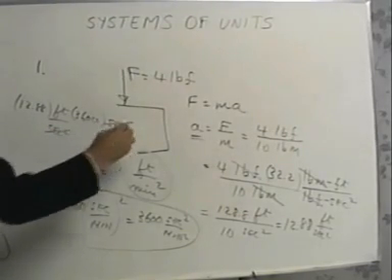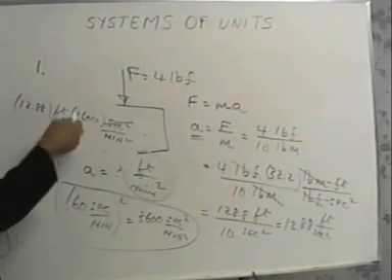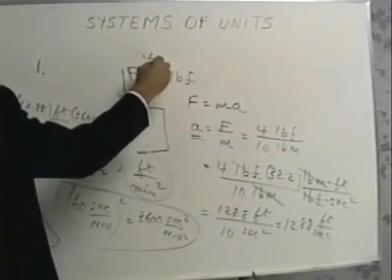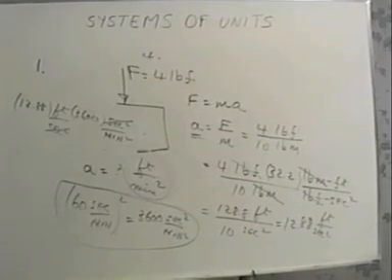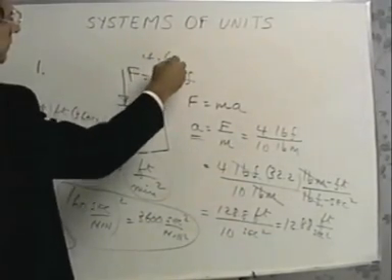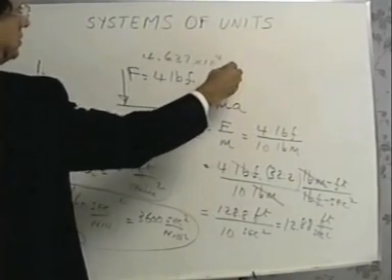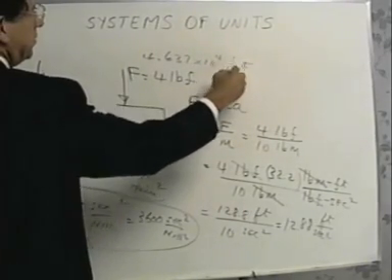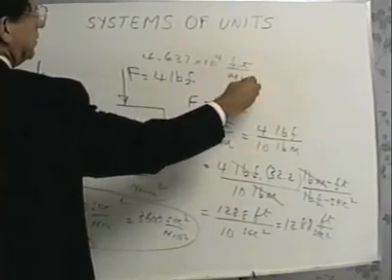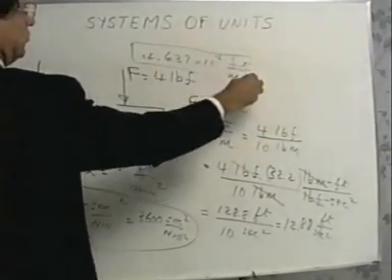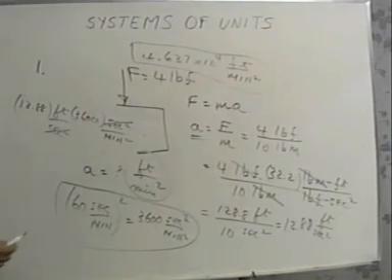Seconds squared cancel each other. 12.88 times 3,600 feet per minute squared is the same as 4.637 times 10 to the 4th units would be feet per minute squared. And this is the result we're looking for problem number 1.